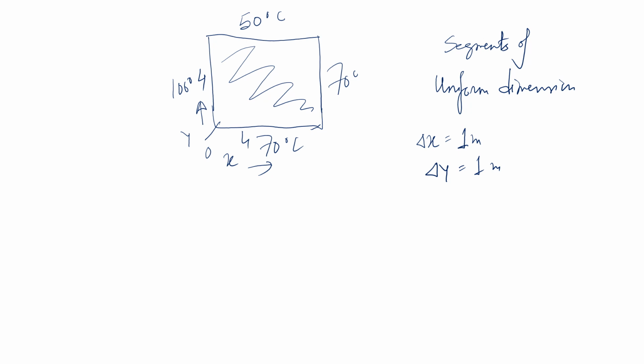And then what will happen is, let us draw the segments. So this is 1, 2, 3, 4 segments. This is 1, 2, 3, 4 segments, and in total 16 segments are there.